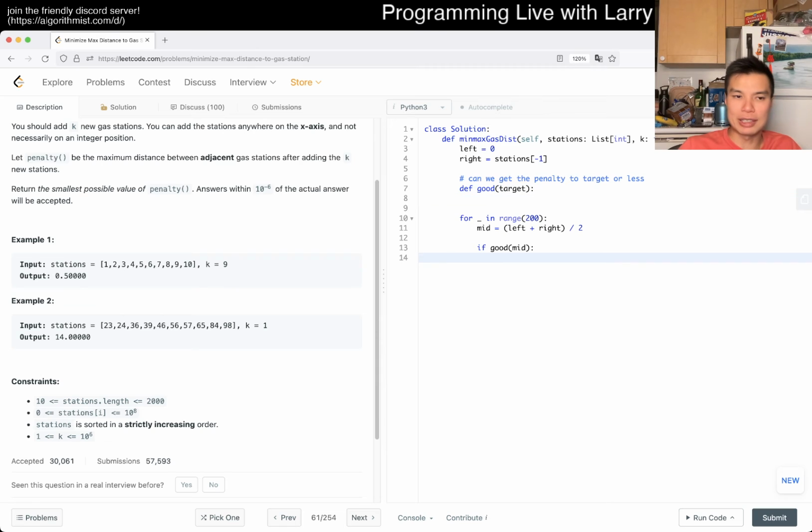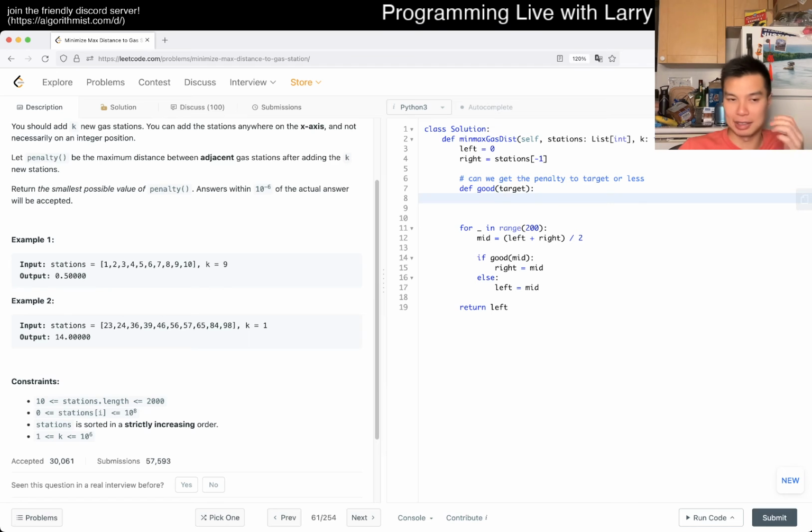So if this is good, then we want to try a smaller number. So we can set right to mid, else left is equal to mid. And then at the end, left is equal to right, it converges, so return left is fine. You can even return mid, probably, it doesn't really matter. Though I always write left for consistency purposes in case where it does. Like this particular one, not really, but yeah.